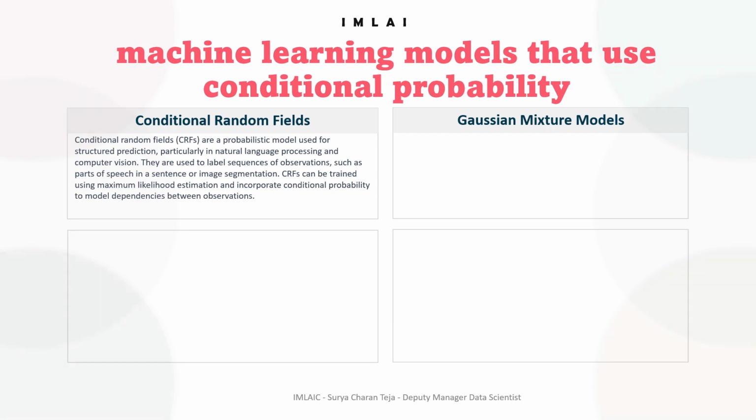Gaussian mixture models are generative models that model the joint probability of the input features and class labels, and use conditional probability to estimate the likelihood of a given input belonging to a particular class. Let's take one example and use case.